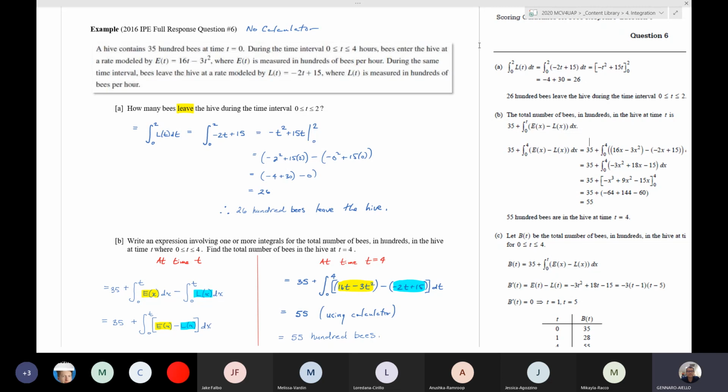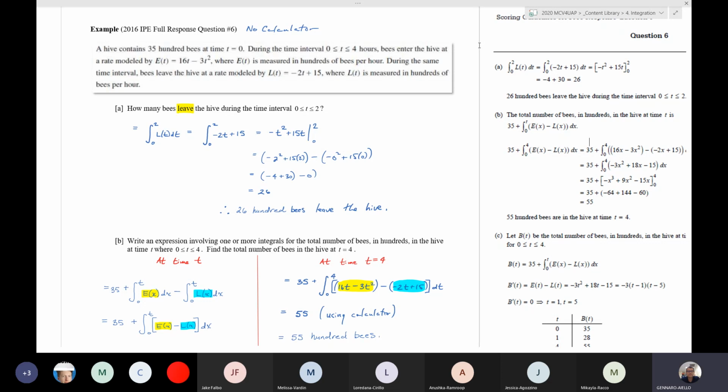Again, units: hundreds of bees per hour. During that same time interval, from 0 to 4, bees are leaving the hive at a different rate modeled by capital L of t, which is negative 2t plus 15. And again, that rate is also measured in hundreds of bees per hour.